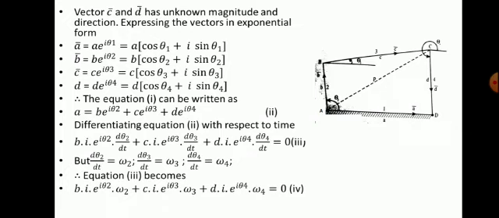Vector B is equal to B e^(i theta 2), that is B into cos theta 2 plus i sin theta 2.